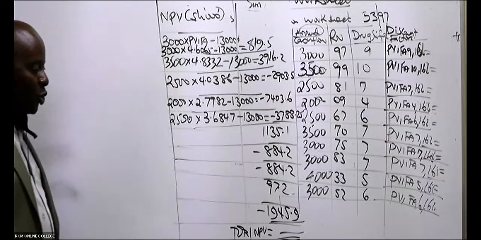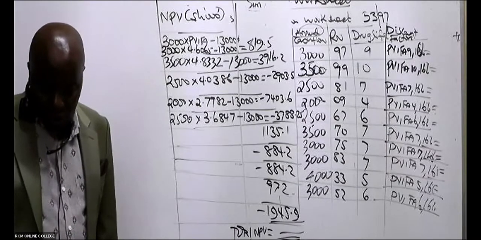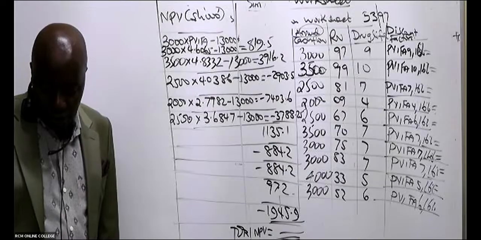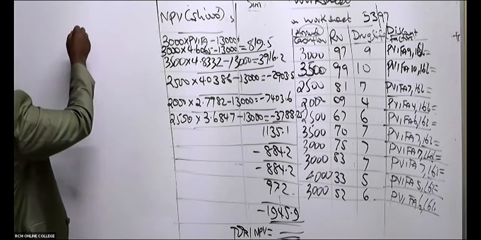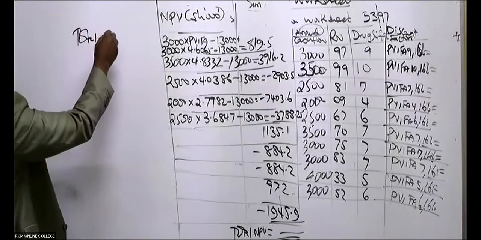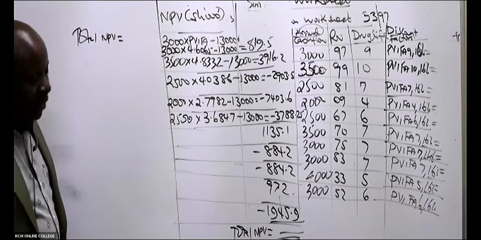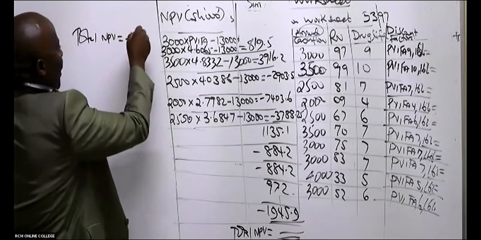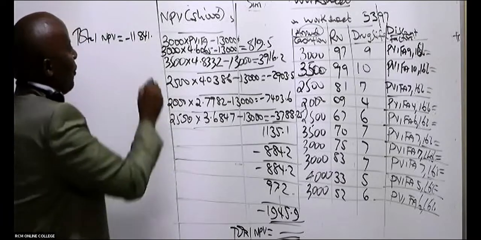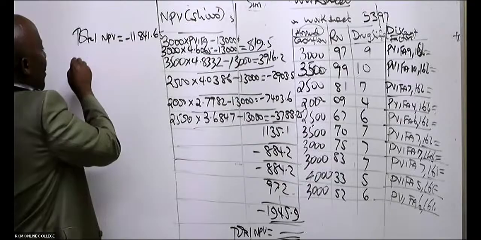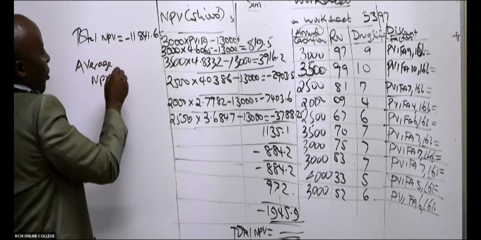According to this ninja called Lincoln, I don't know whether somebody else is able to confirm the same, but according to him, the total NPV will be negative 11,841.65.